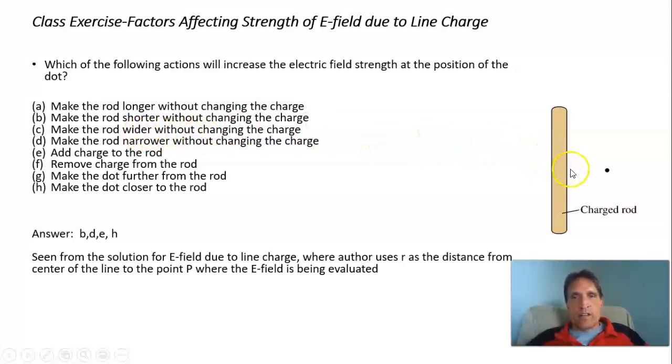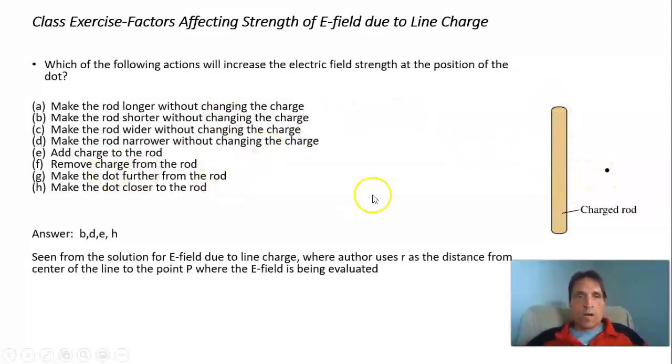Okay, well, in this case, the charge density will decrease, so that will not increase the field strength. Making the rod narrower without changing the charge will make the charge density greater. That will increase it. Adding charge to the rod, well, then the charge per length increases, so the field will be stronger. Removing charge from the rod, charge per length will be smaller, field will be smaller.